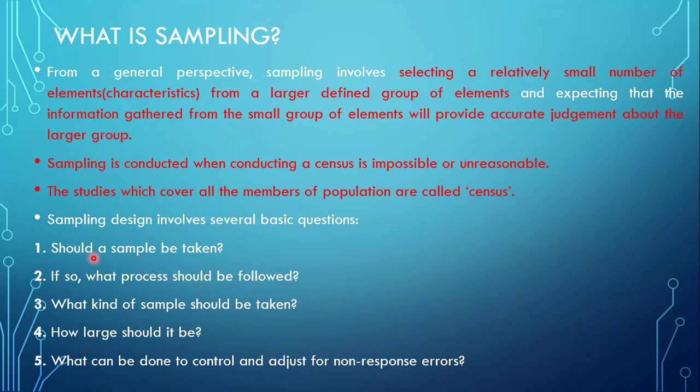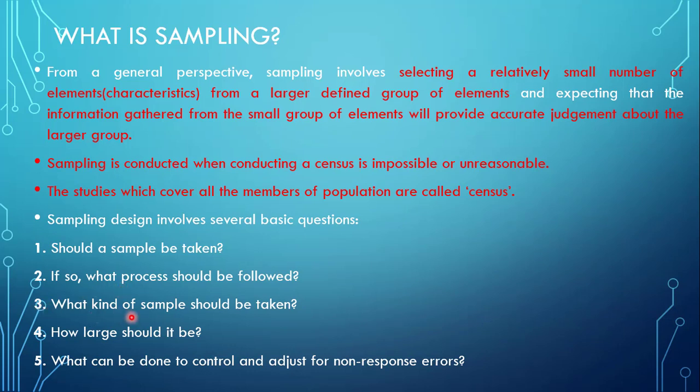If the first question is yes, then you continue to the second question. If the first question is no, then the rest of the questions could not be addressed, because the second, the third, and the rest of the questions apply when you select samples.